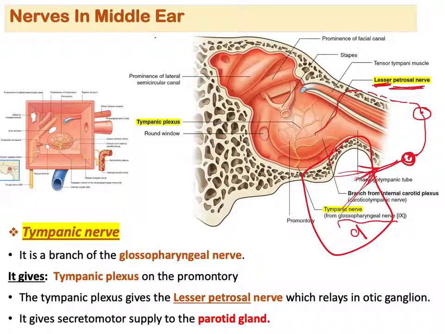This is the story of the lesser petrosal nerve. I think from the figure here you can also see the tympanic branch of the glossopharyngeal nerve with a branch from the plexus of the internal carotid artery to form the tympanic plexus, and there is the lesser petrosal nerve, which leaves the middle cranial cavity through the anterior wall.